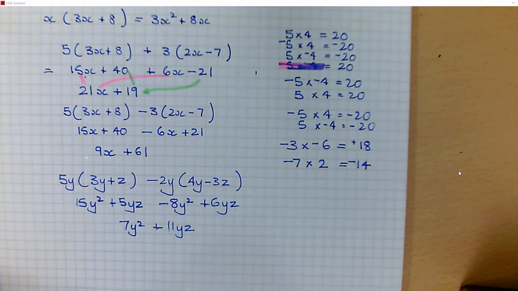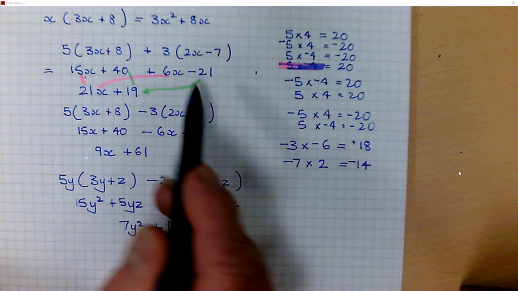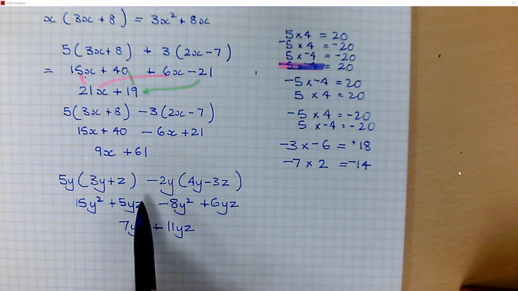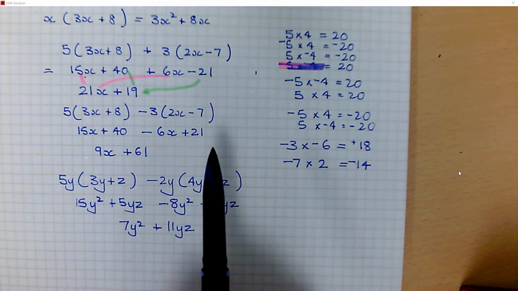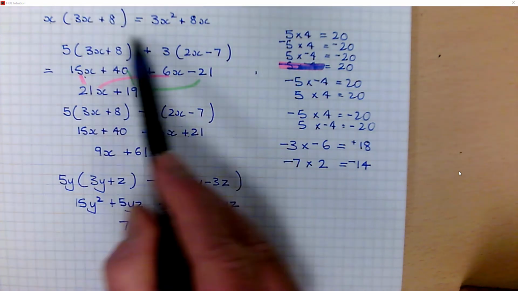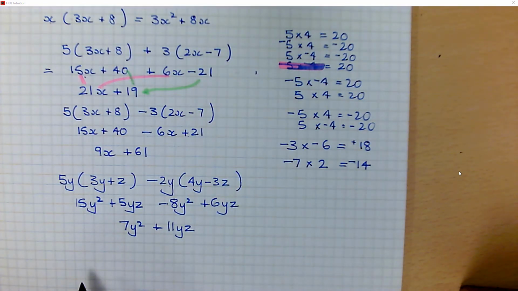Okay? So, if that made sense, once you've done things like this, okay, have a go at those questions there. But, if you're not sure, but you can do questions like this, that's great.